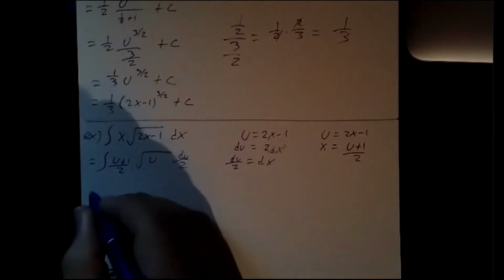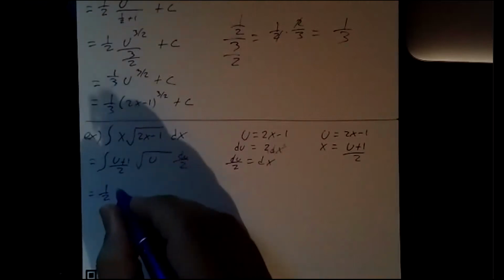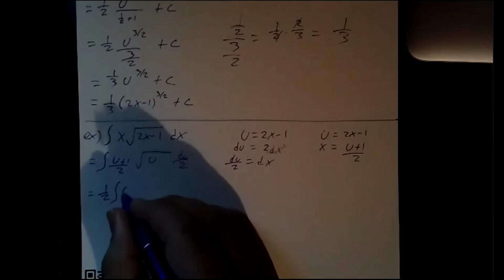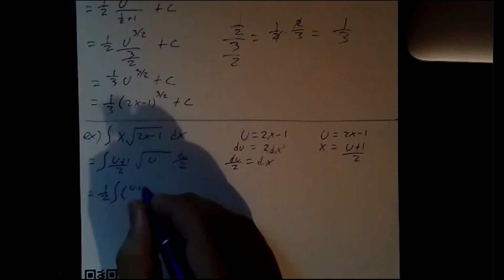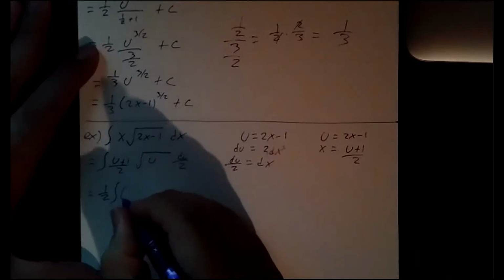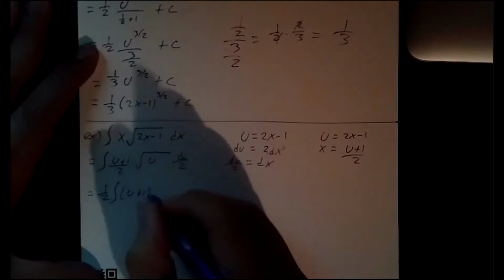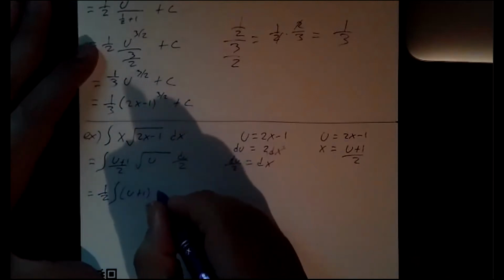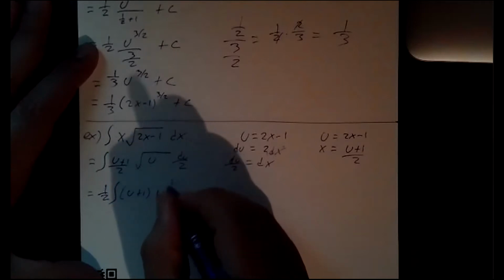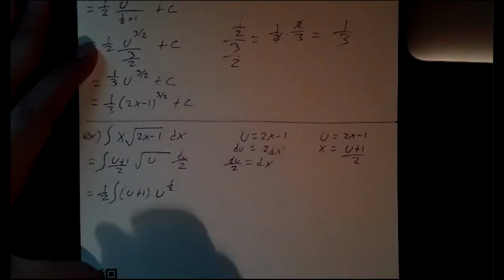I'm going to pull out the half because that looks weird. Currently I have u plus 1. I'll just write it the other way. I have u plus 1 times, I'm going to go ahead and change the square root to u to the 1/2, okay?